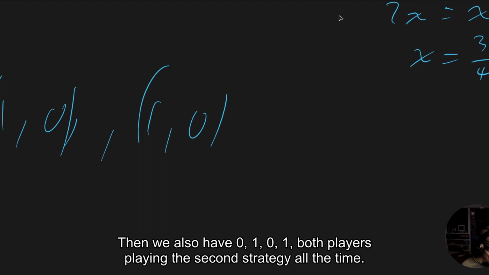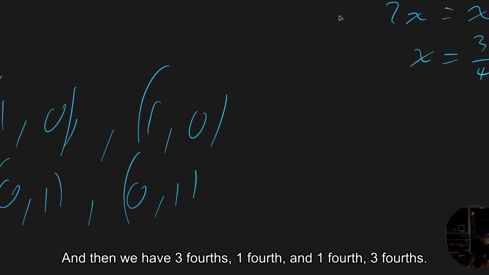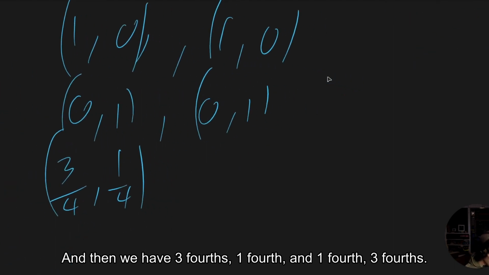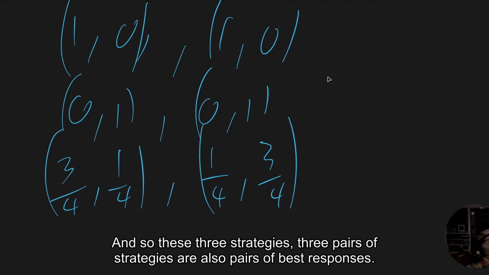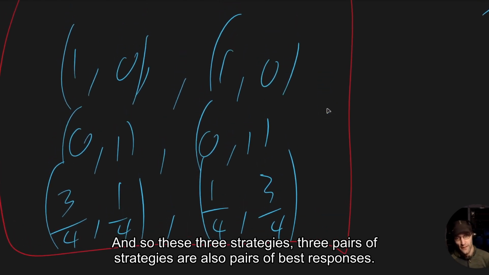Then we also have (0, 1) and (0, 1), both players playing the second strategy all the time. And then we have (3/4, 1/4) and (1/4, 3/4). And so these three pairs of strategies are also pairs of best responses.